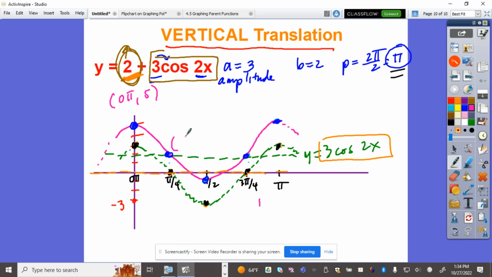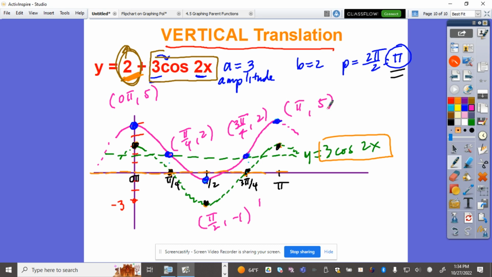This one here is pi over 4, comma 2. This one here is pi over 2, comma negative 1. This one here is 3 pi over 4, comma 2. And the max here is pi, comma 5.